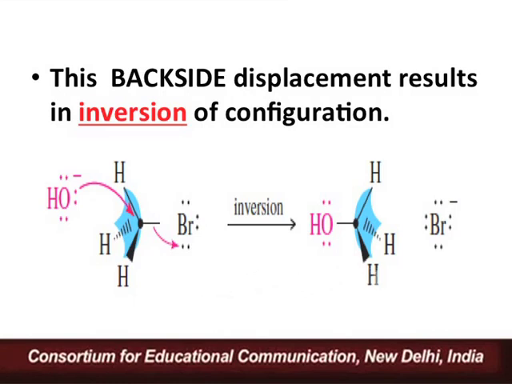This is what I've shown on your screens: since the nucleophile is attacking from the opposite side of the carbon, from where the bond is being cleaved between carbon and the bromide ion, there is inversion in configuration at the carbon where the substitution is taking place.